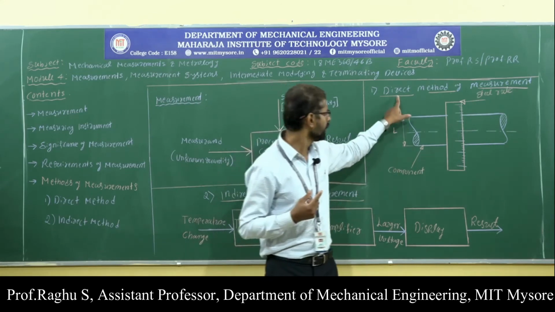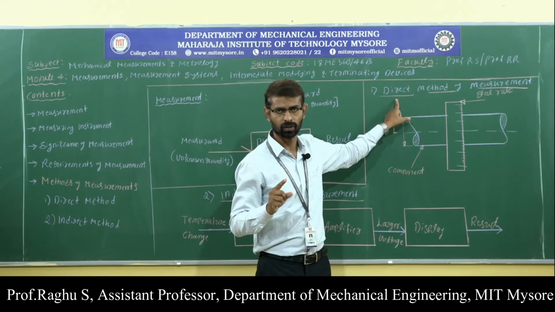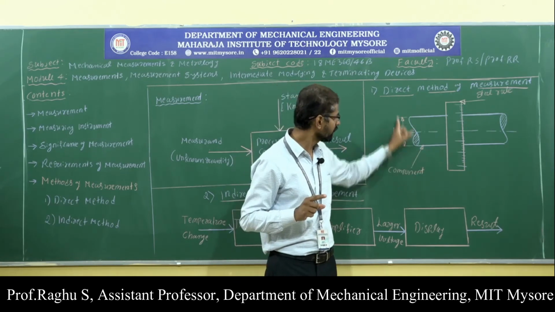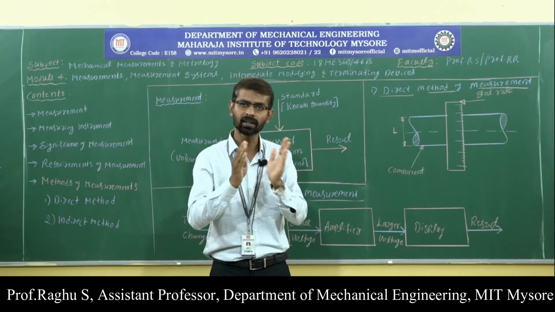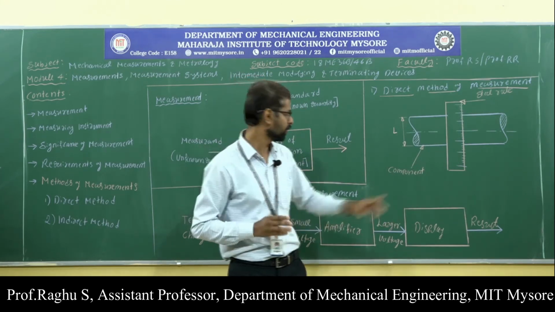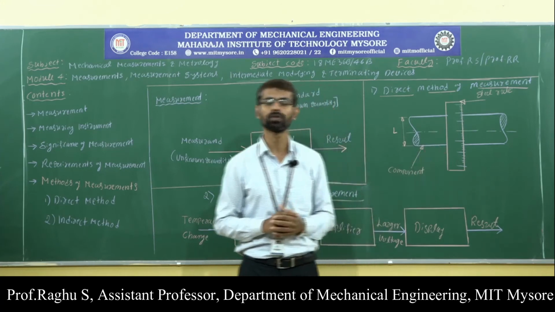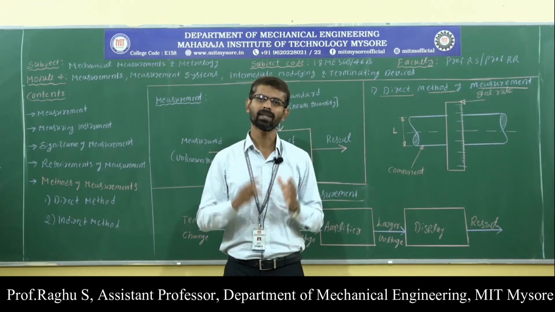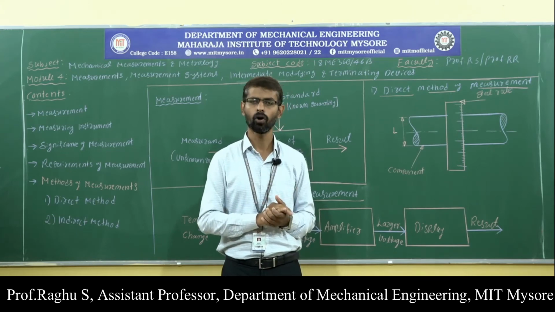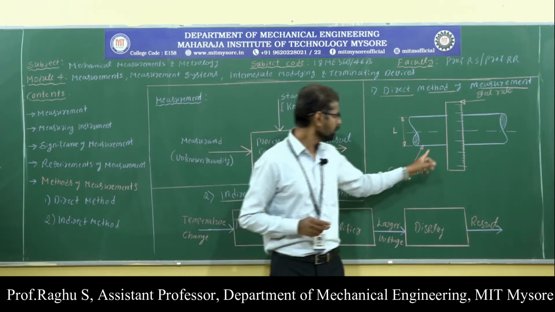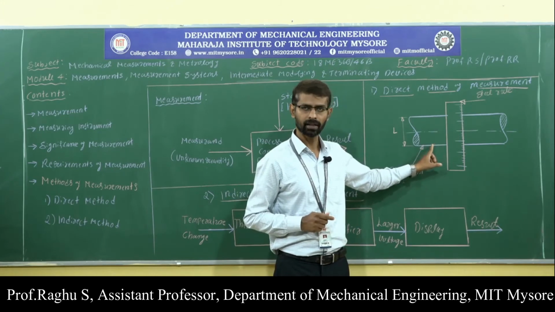As the name indicates, in the direct method, the unknown physical quantity is directly compared with the known physical quantity. But the direct method of comparison is not always accurate.